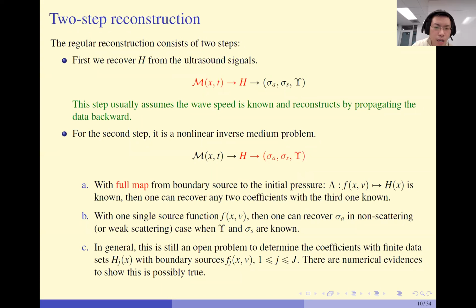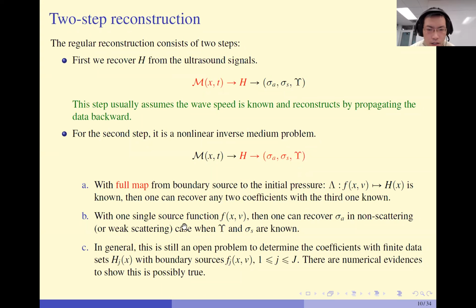It doesn't say anything about whether we can reconstruct all three coefficients simultaneously, but we know that if one of the three is known, then we can recover the other two. But we don't know if there is a gauge transform that gives you an equivalence class or not.